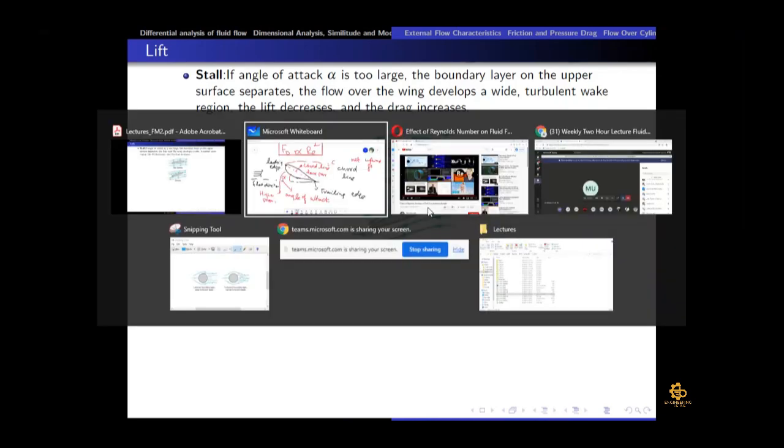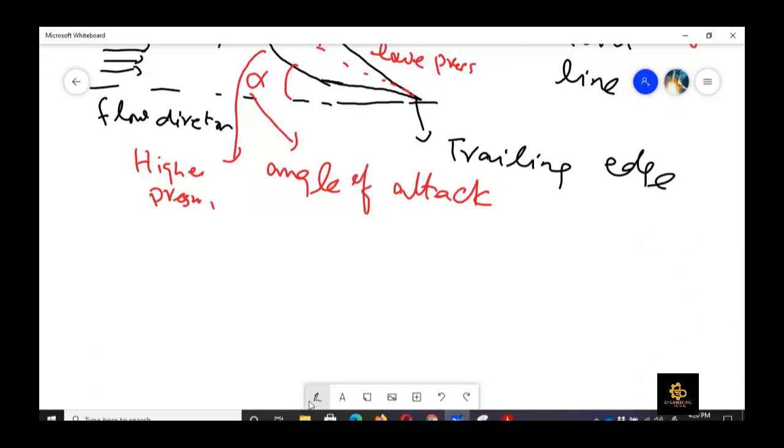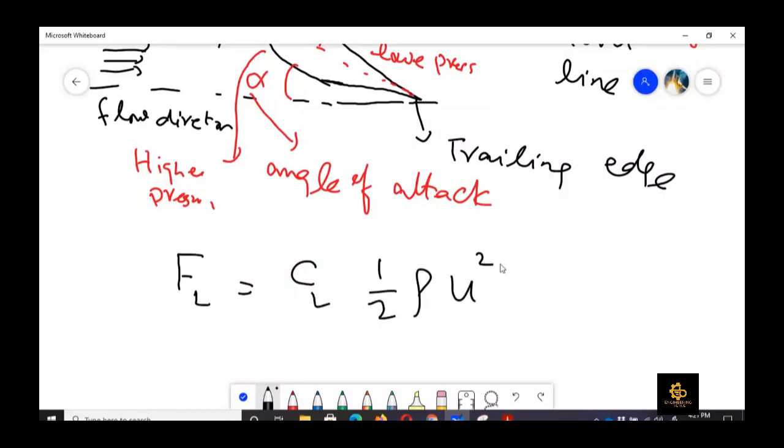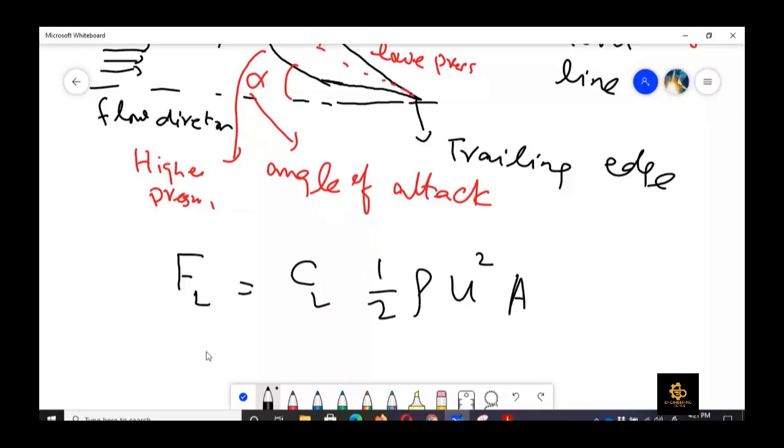Why? Because if we see the lift force relation with velocity, let me write it here. Lift force, which is F_L, is C_L into half into rho u squared into area. Now, if we increase the angle of attack, which is alpha, we are increasing the F_D value, because the frontal area is increasing.